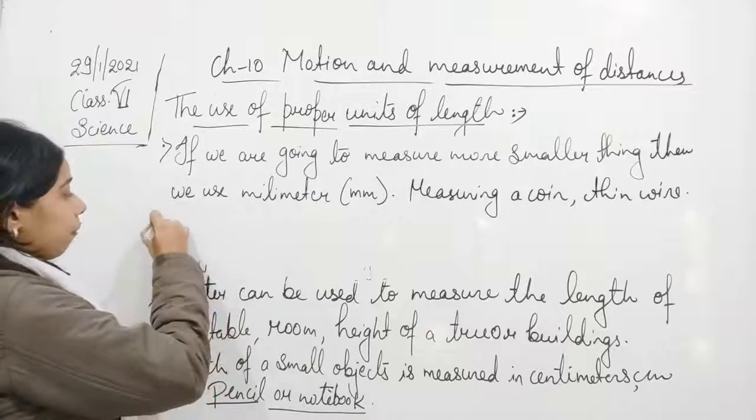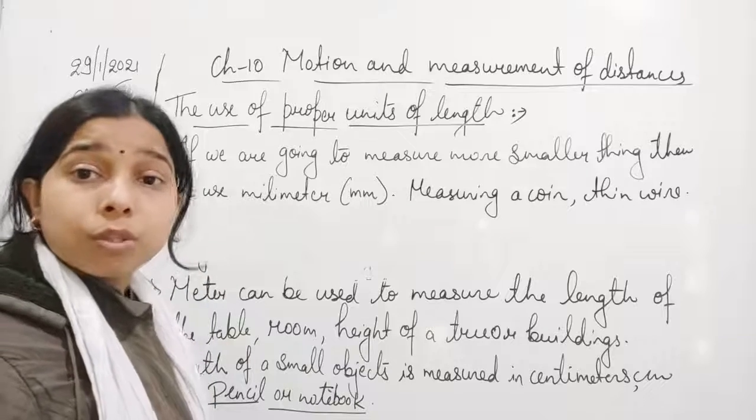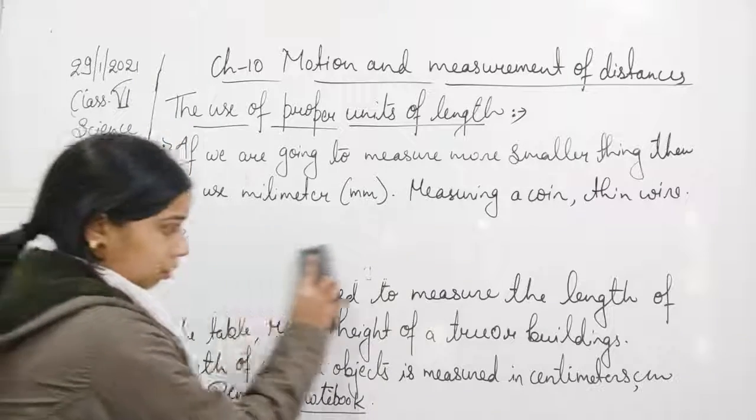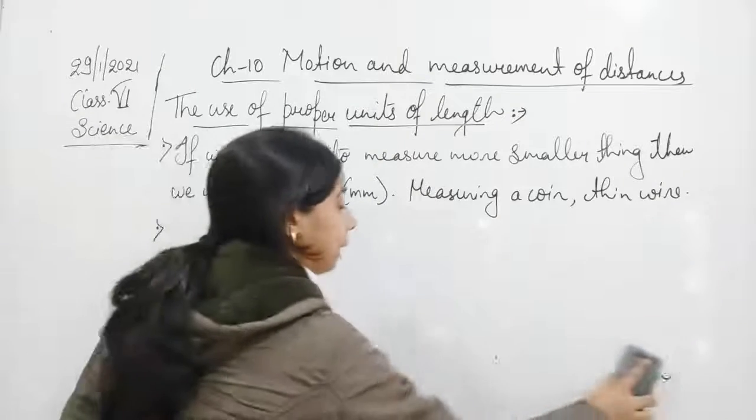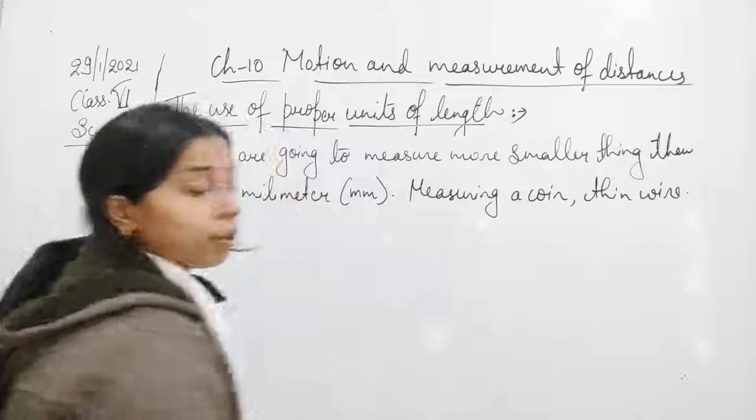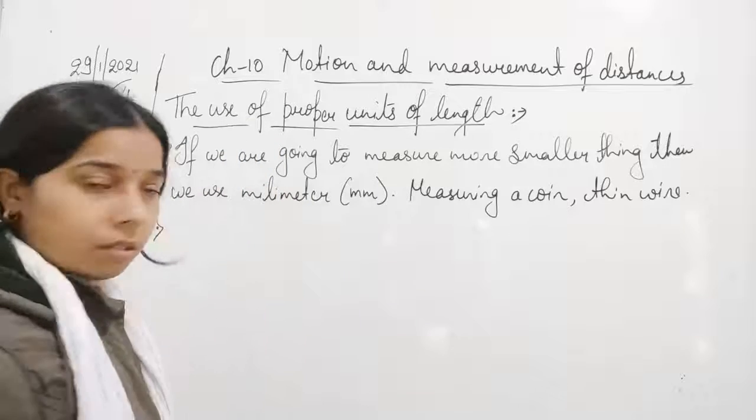Now, if you have to measure the distance between two cities, it is quite large, so for that we use kilometer. The unit that we are going to use there is kilometer.